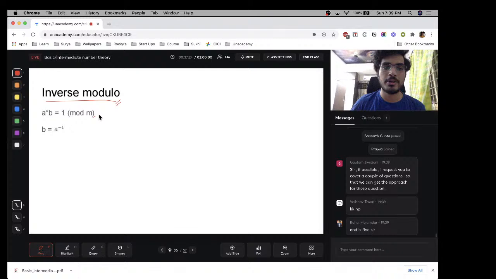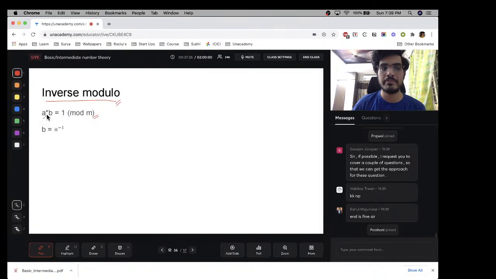So inverse modulo. If two numbers a and b satisfy a into b equal to 1 mod m, then b is called a inverse. That's it. Simple, right? Nothing complex.